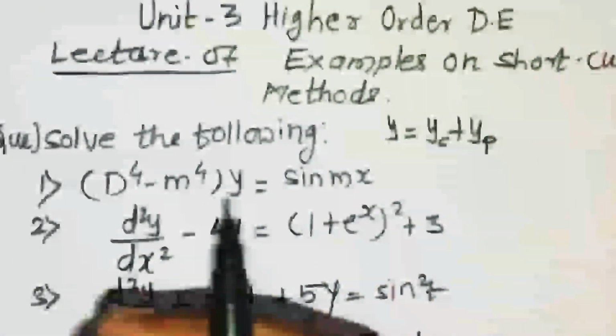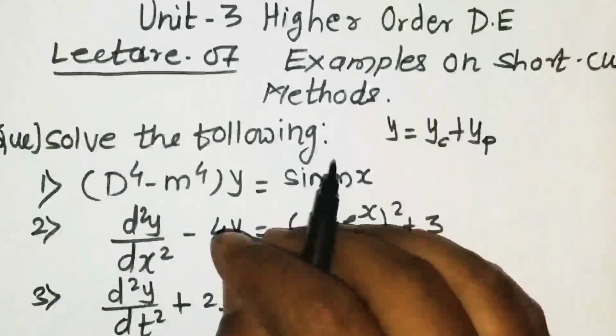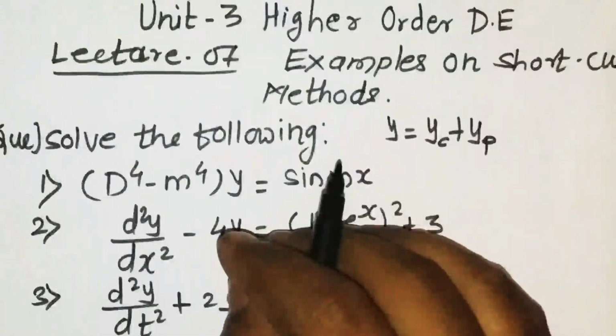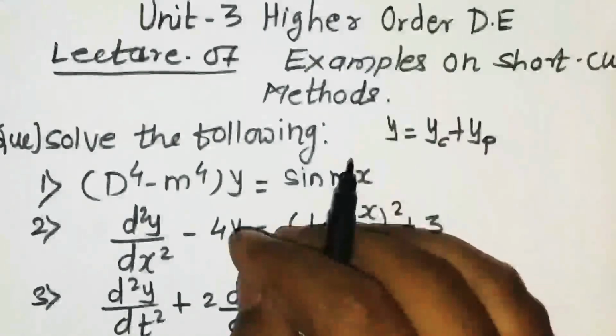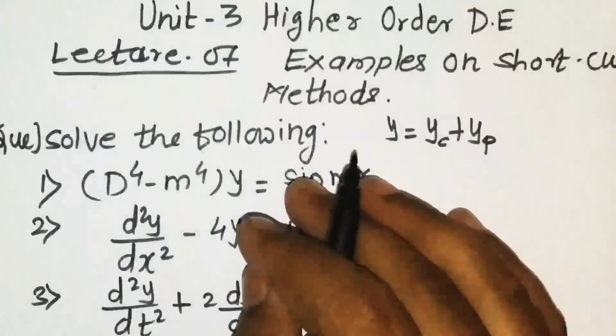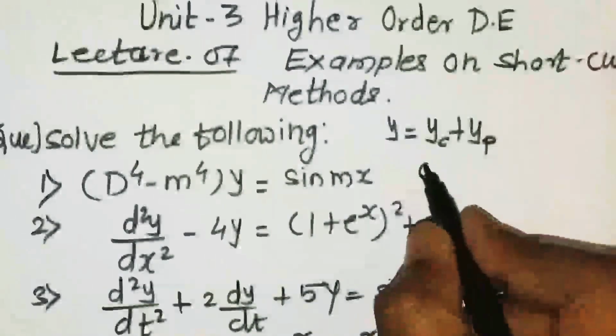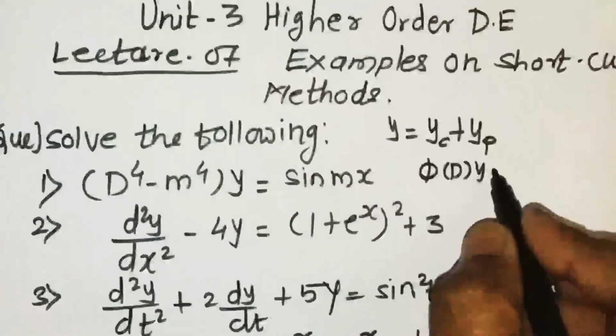Also, we have done examples on complementary function in one of the videos. And in previous videos we have discussed how to calculate the particular integral by using shortcut methods. In the shortcut method there are a total of 6 cases, depending upon the nature of the right hand side function f of x of the differential equation phi of D y equal to f of x.